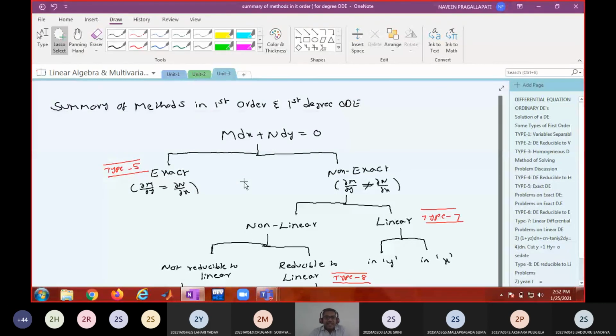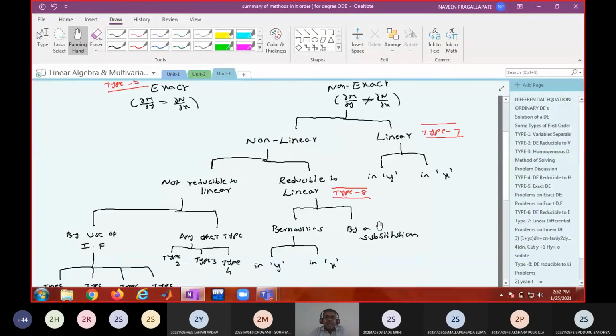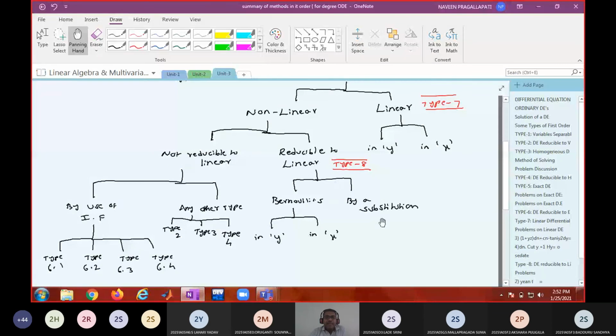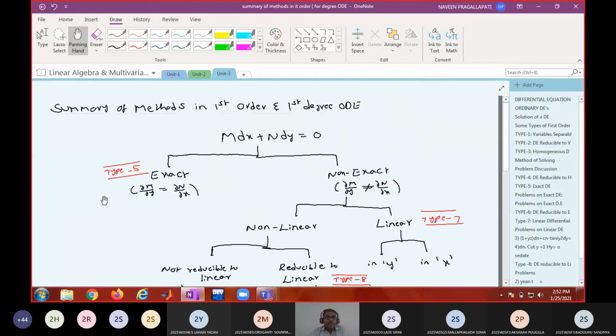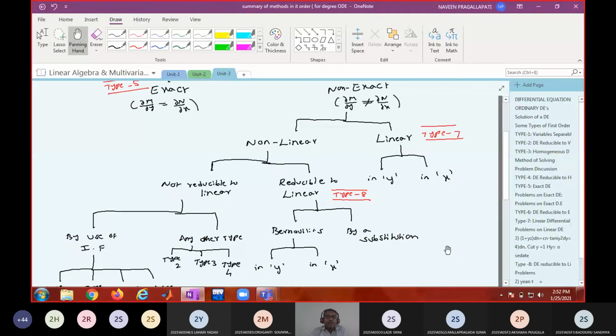So what is there in exams is linear. In exams you have type 5, exact is there, linear is there, linear can be in y or x, and type 8 is there. It can be Bernoulli or it can be directly reducible to linear by a substitution. So this part and this part is there in your examinations. Is that okay?